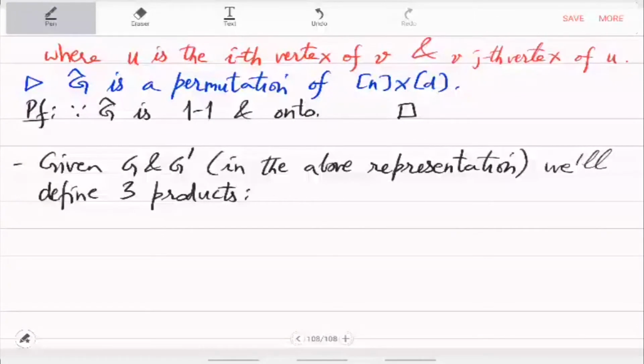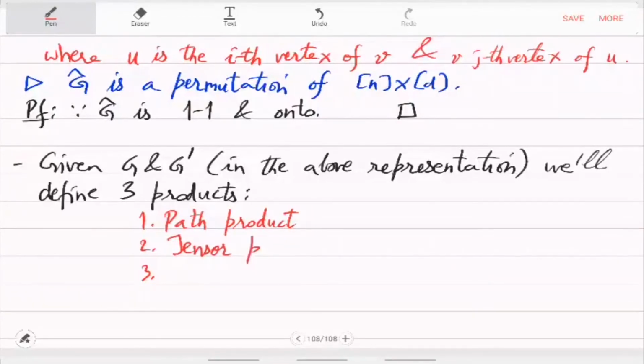The first will be matrix product or path product. Second will be tensor product. And third one will be replacement product.